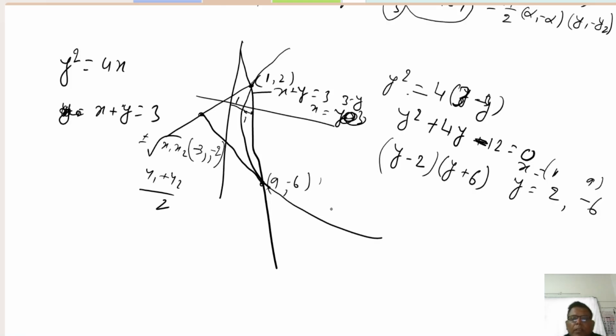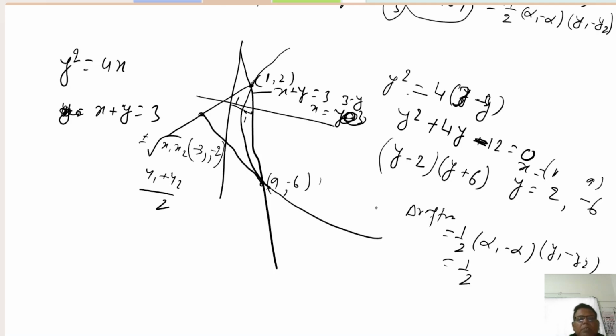Now calculate the area of the triangle. Area of the triangle is half into alpha 1 minus alpha and y1 minus y2. So first you will have to find alpha 1 also. Here the y value is minus 2 only. So put y is equal to minus 2 in that equation, then this point will come.